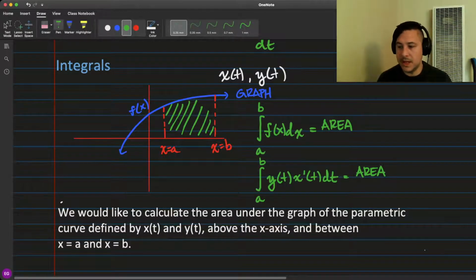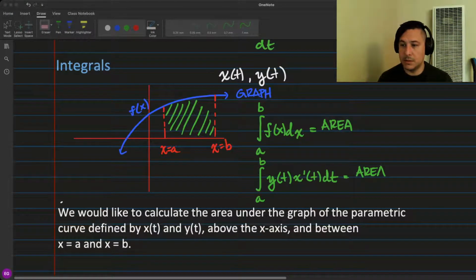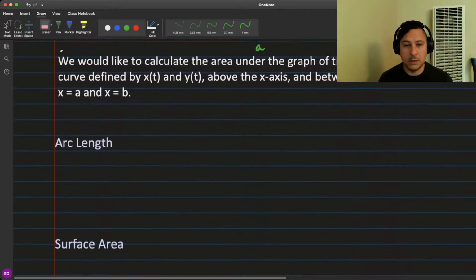Alright, can I scroll down now? Any objections to scrolling? I just want to make sure that everyone's written whatever they need to write. Okay, cool. Scroll down.